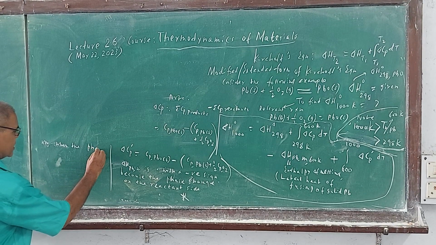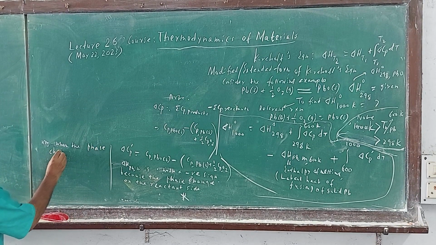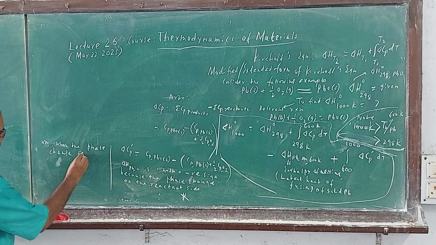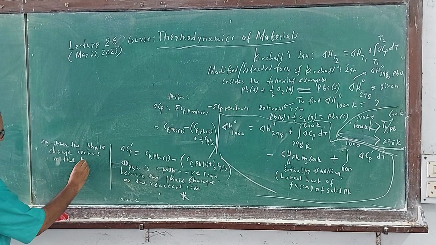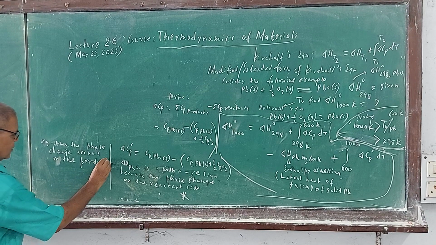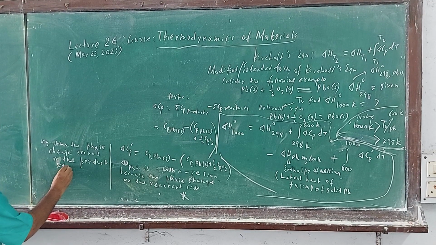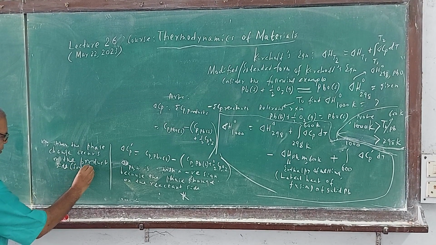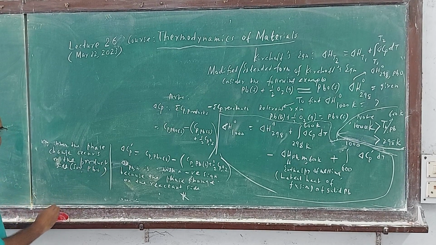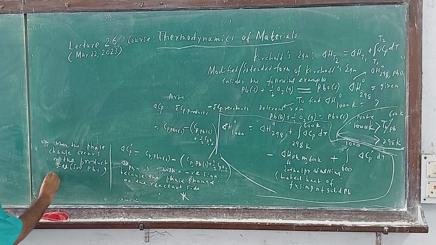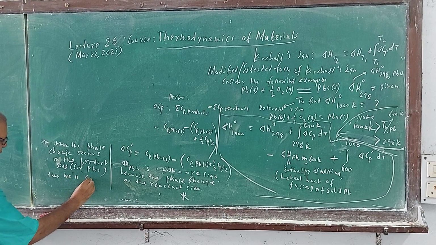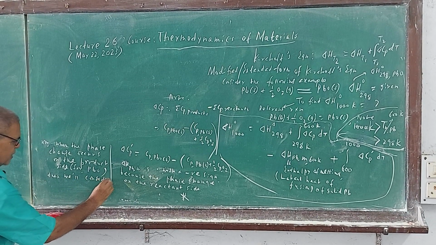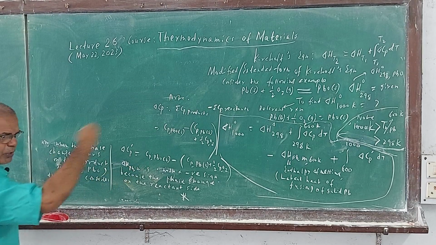So this is the rule: when the phase change occurs on the product side, say lead oxide, then it is no more minus, because the product is not.